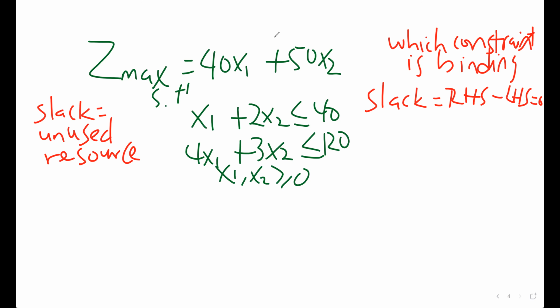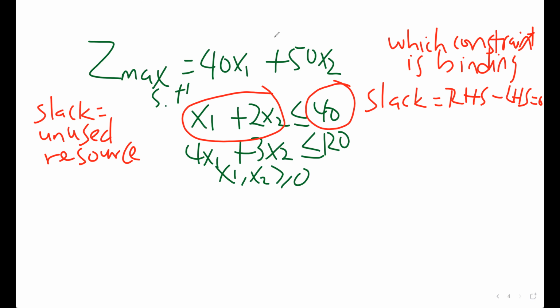The left-hand side of this equation, if it is equal to the right-hand side of this equation, then we have a 0 slack. So that is another way of considering a binding constraint when the slack is 0. The last way, and this one you get a better understanding when we come to the computer software.